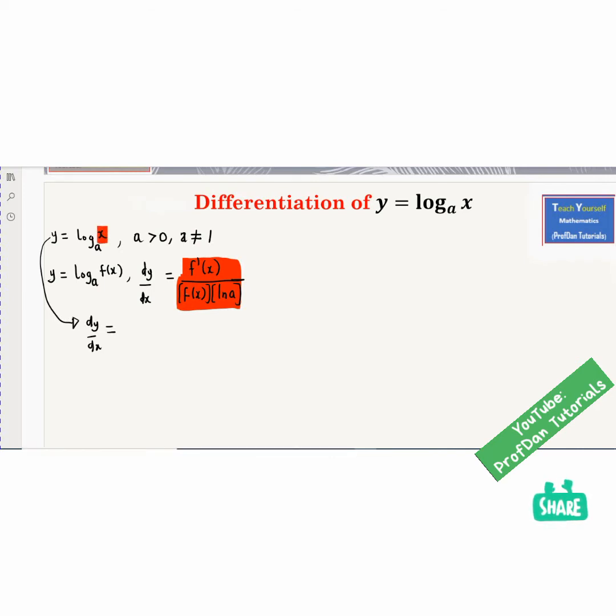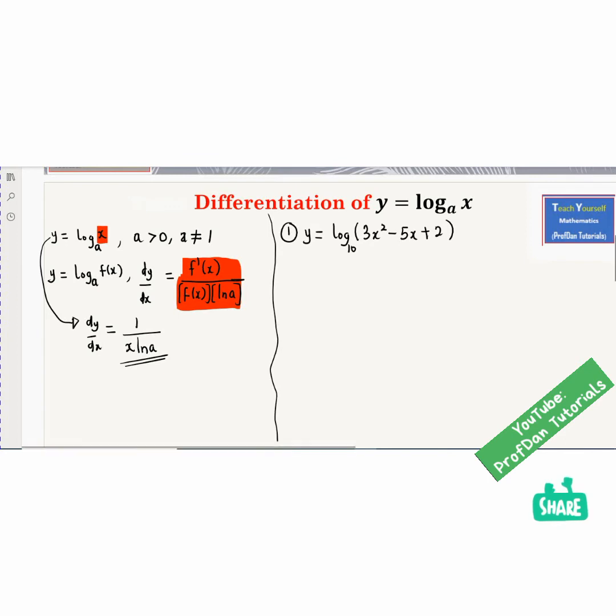I get 1 over the function of x, which is ordinary x, I rewrite it, then you have ln of the base, which is a. So this is our answer. With this understanding, we can quickly look at some examples.